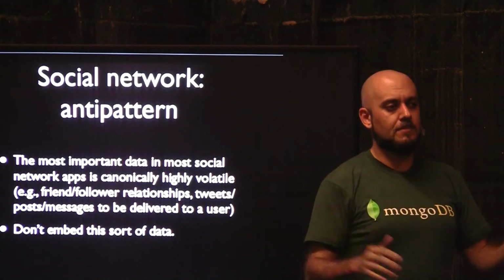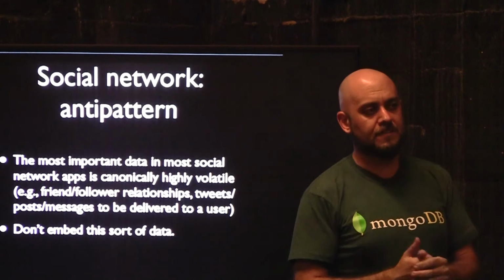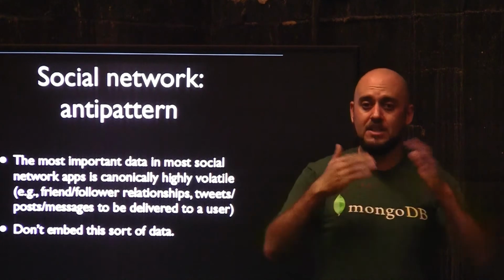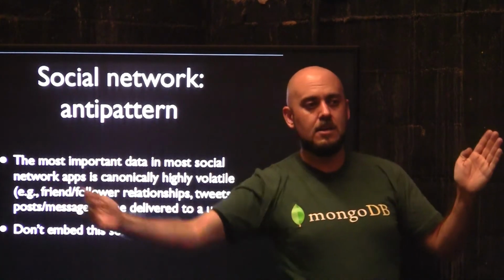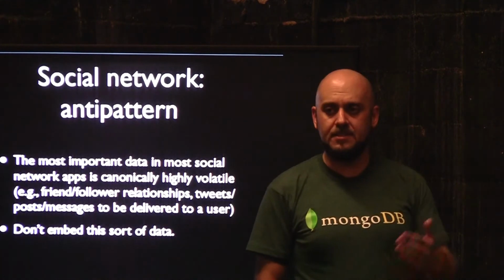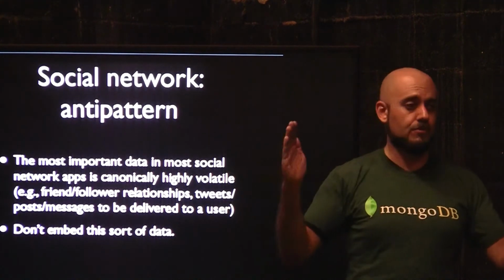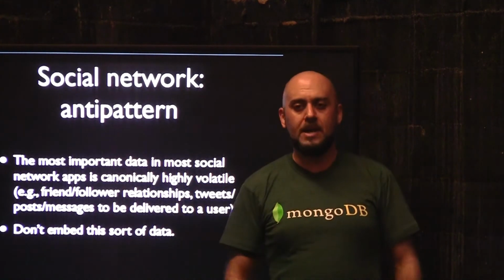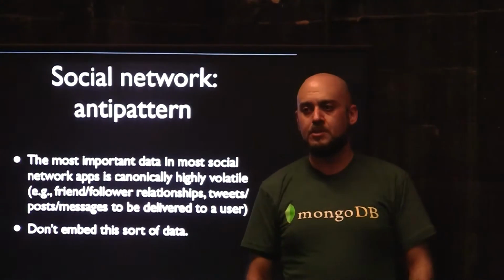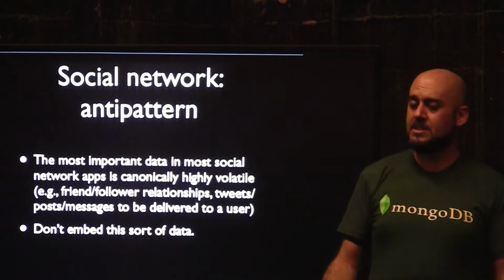If I'm tweeting and 1,000 new people want to follow my tweets, suddenly, if you're embedding the followers in the document representing me, my document has to be extended quite a bit. Now, there are some heuristics in the database for trying to make some extra room for documents to grow, but any particular highly volatile growth pattern will totally bust the heuristics that we have.